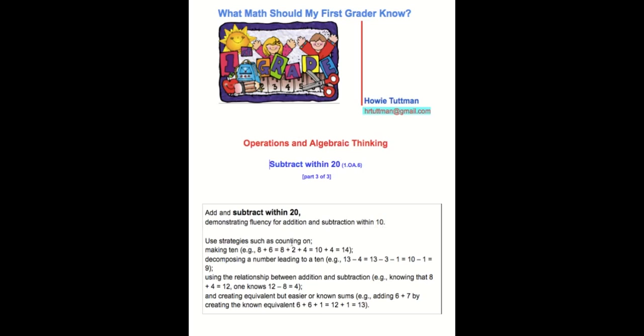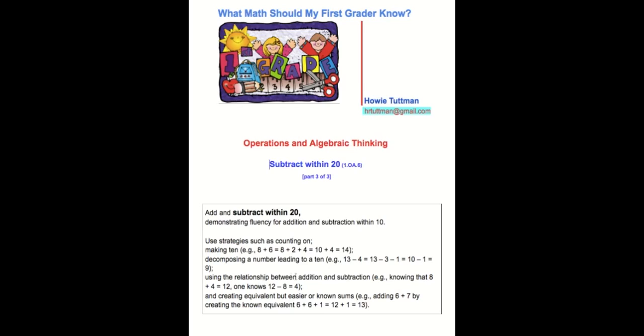Use strategies such as counting on, making 10, for example, 8 plus 6 is equal to 8 plus 2 plus 4 is equal to 10 plus 4 is equal to 14. Decomposing a number leading to a 10, for example, 13 minus 4 is equal to 13 minus 3 minus 1 is equal to 10 minus 1 is equal to 9.